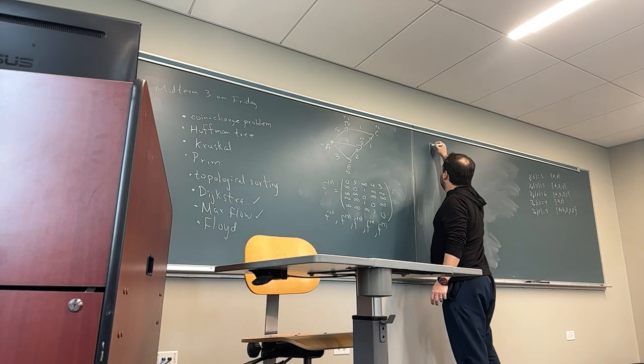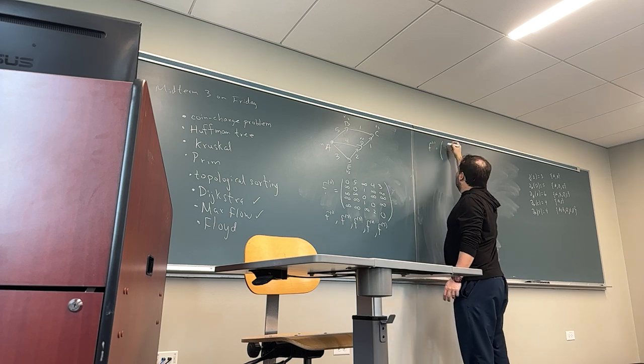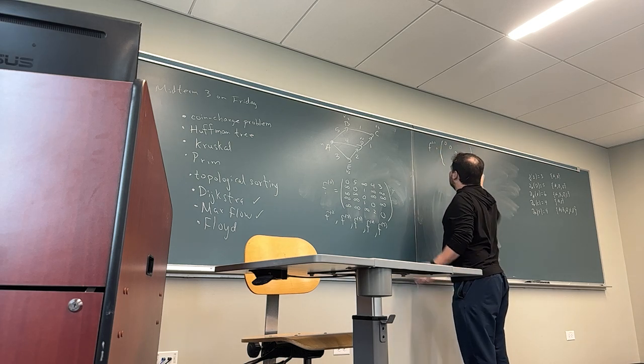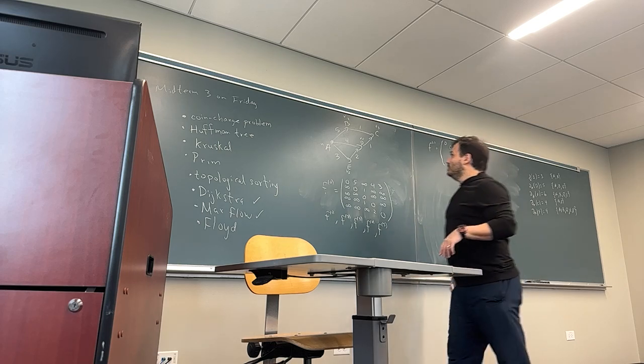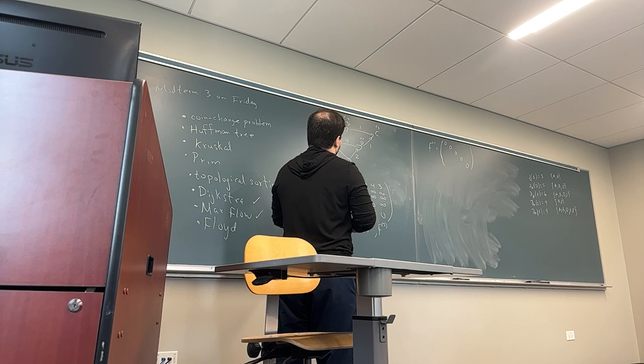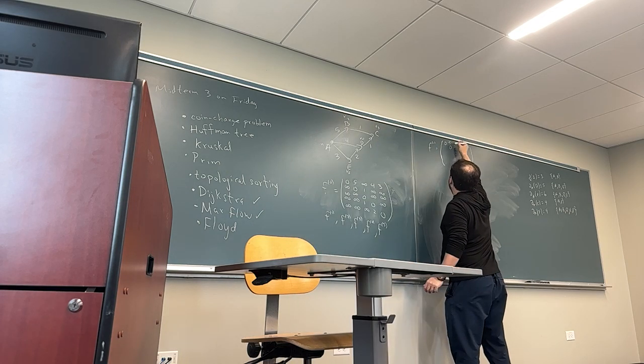So if you do it using the diagram, the diagonal entries stay the same. This one's too easy. The first guy stays the same.